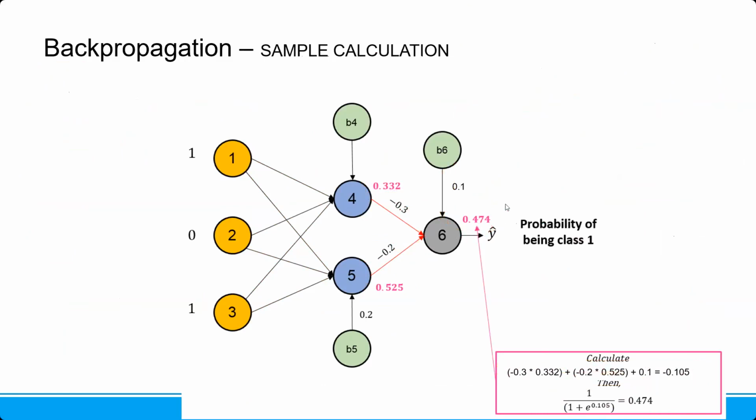So after we have this one, this is the probability of being class 1. If you look at this probability, is it more on class 1 or 0?